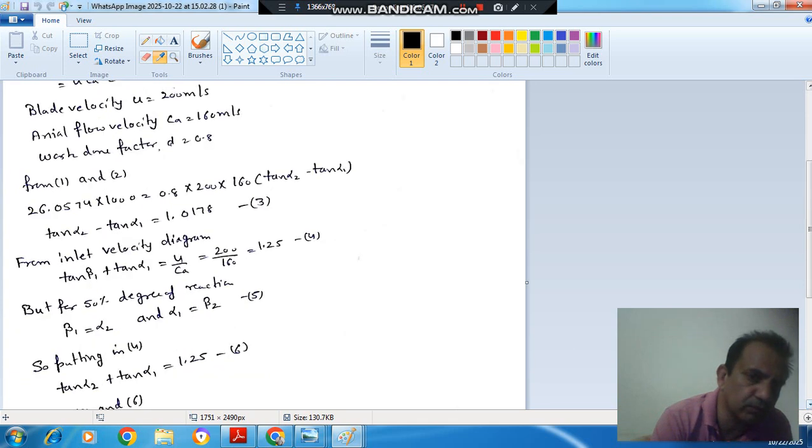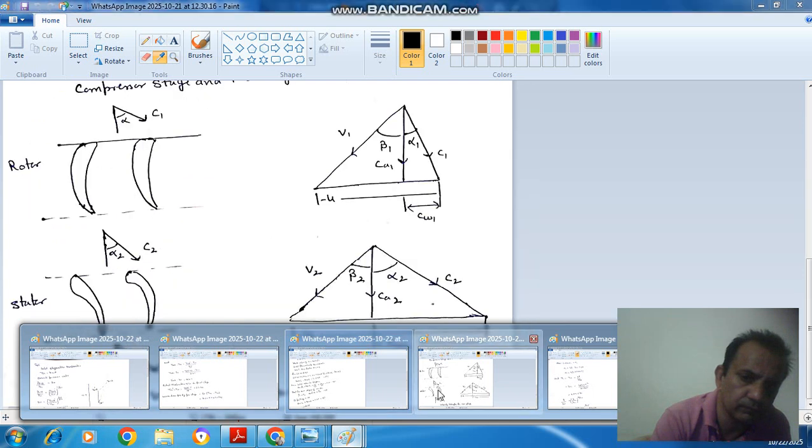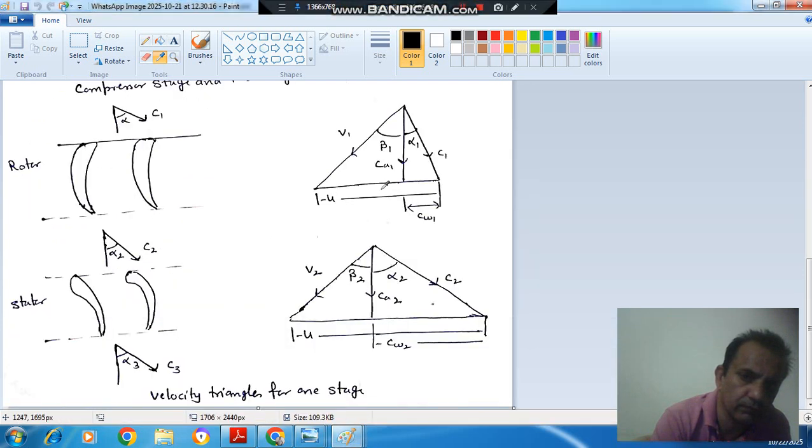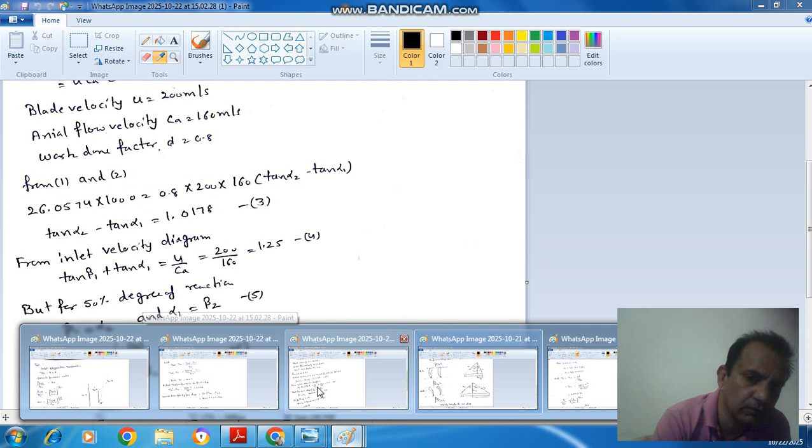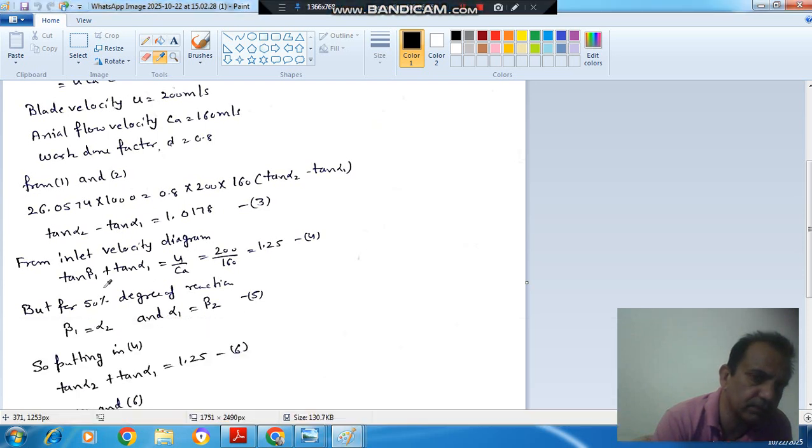So converting into joule, we can find out tangent alpha 2 minus tangent alpha 1. So tangent alpha 2 minus tangent alpha 1 comes out as 1.0178, and from the velocity diagram, U by CA is equal to tangent alpha 1 plus tangent beta 1. For 50% degree of reaction, this beta 1 is equal to alpha 2 and alpha 1 is equal to beta 2.